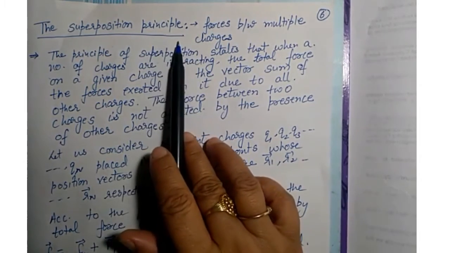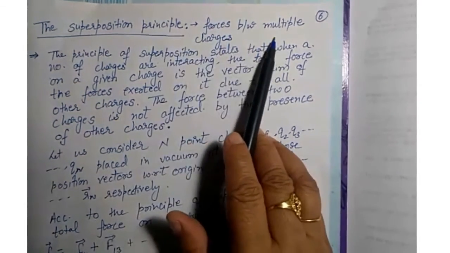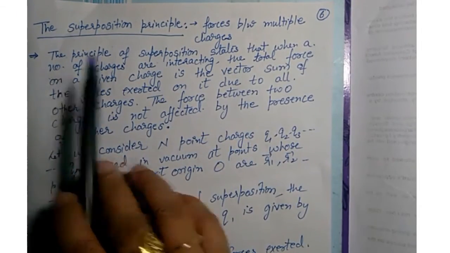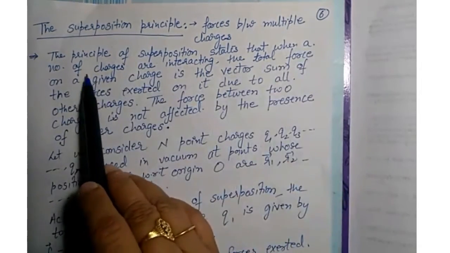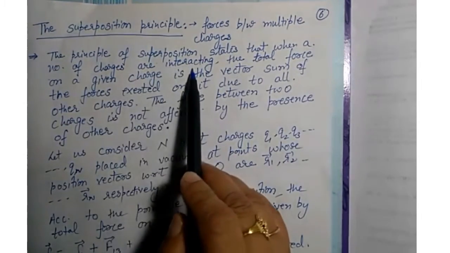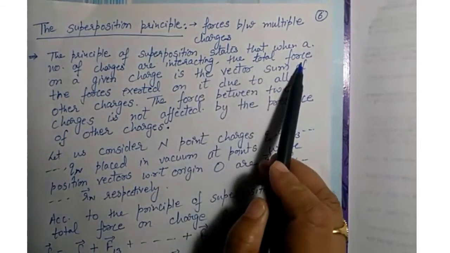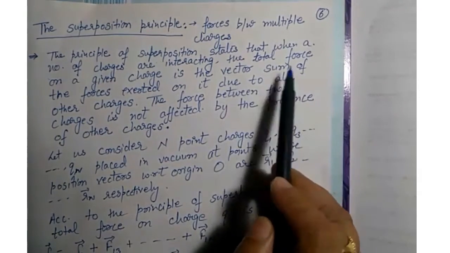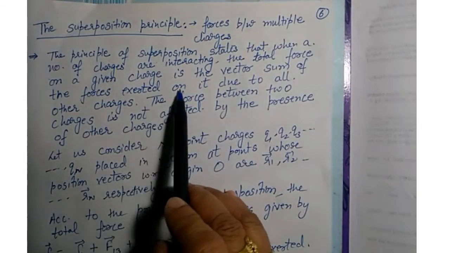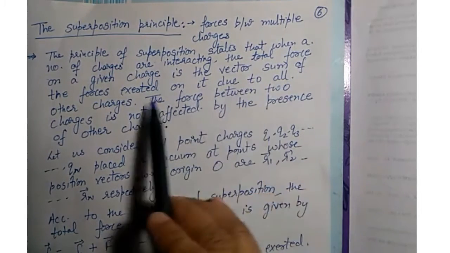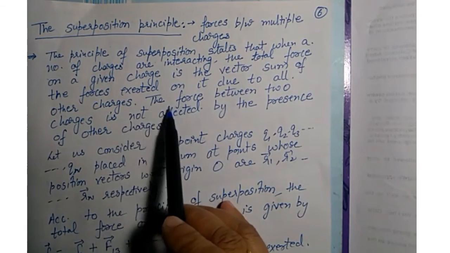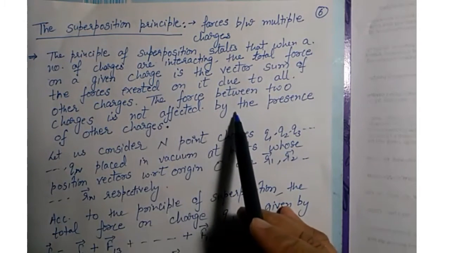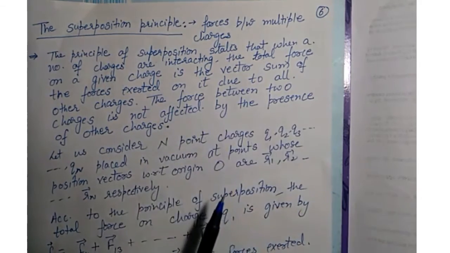So the superposition principle is about forces between multiple charges. According to the superposition principle, when a number of charges are interacting, the total force on a given charge is the vector sum of the forces exerted on it due to all other charges. The force between two charges is not affected by the presence of other charges.